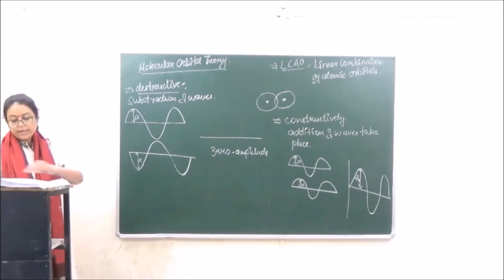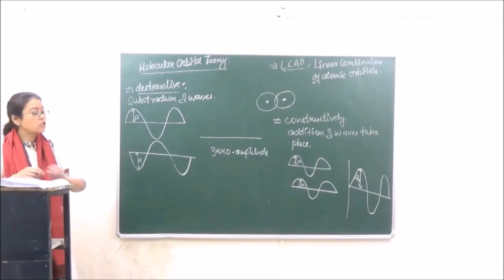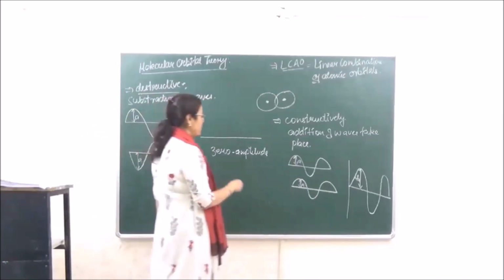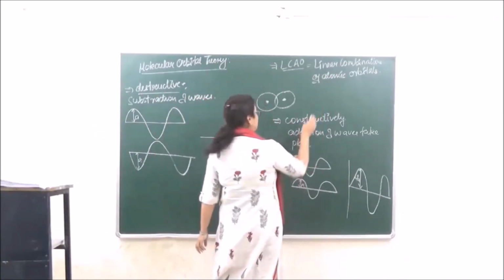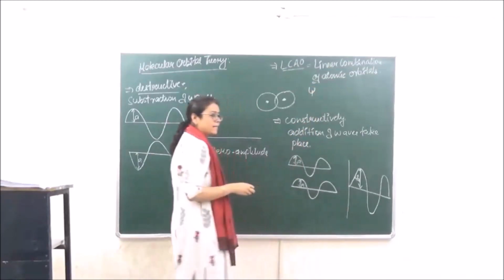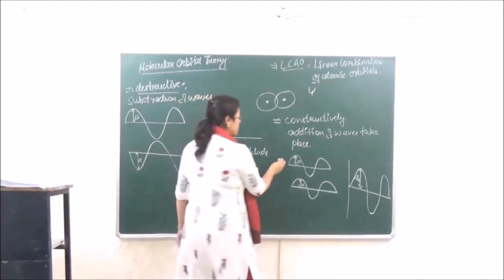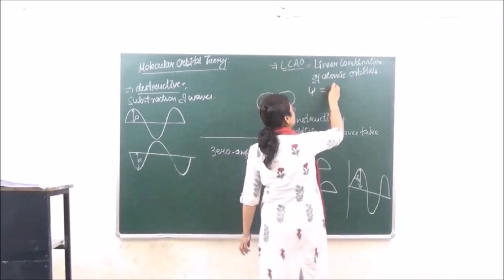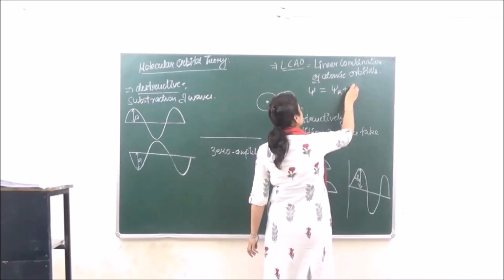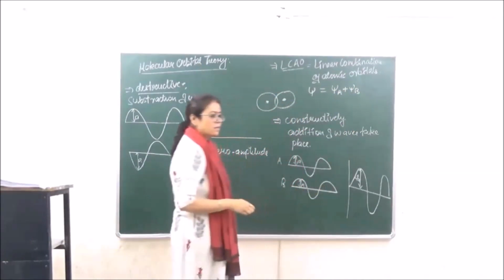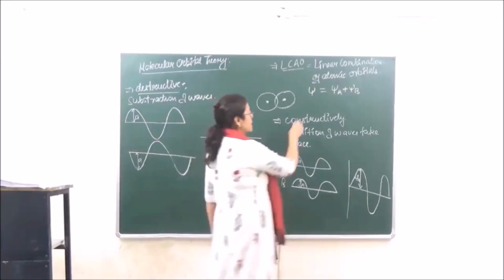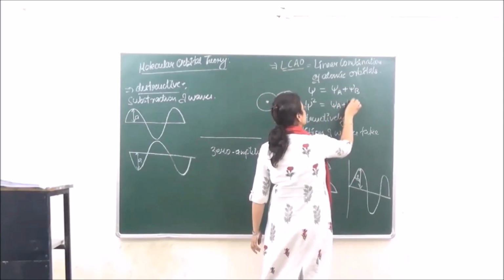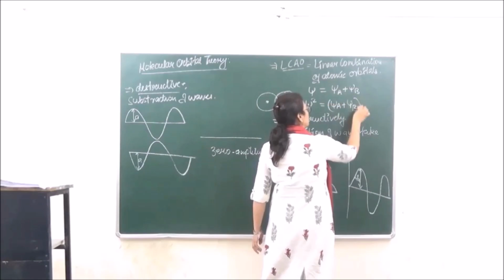Clear हो गया? Okay. Now when we are talking of constructive interference, so what are we saying? If you remember the wave function, it is denoted as psi. Right? So total psi, if this is wave A, this is wave B, the total psi for constructive is going to be psi A plus psi B. ठीक है. Probability is given by psi square. So psi square is going to be equal to psi A plus psi B whole square.